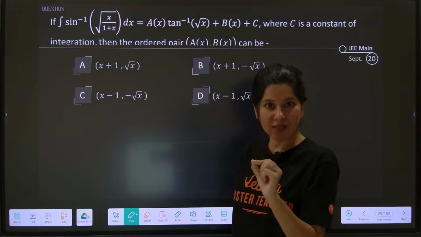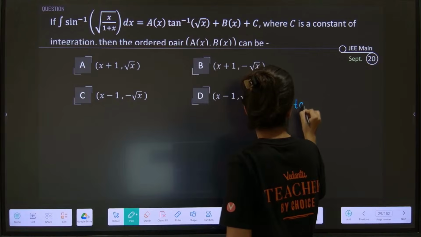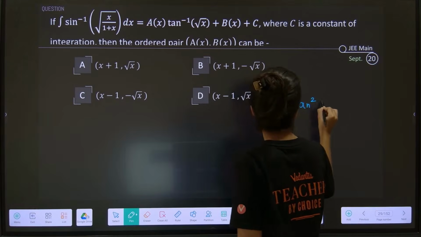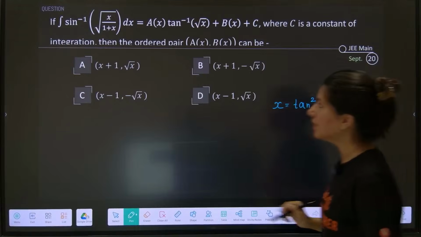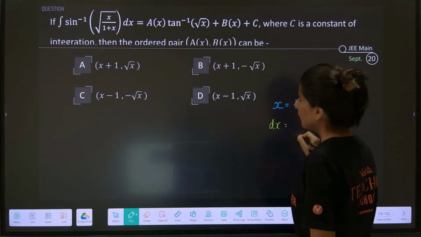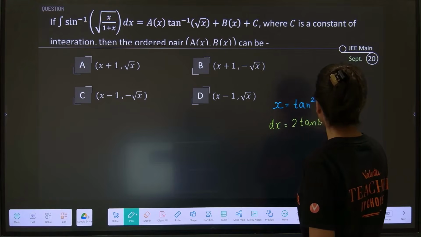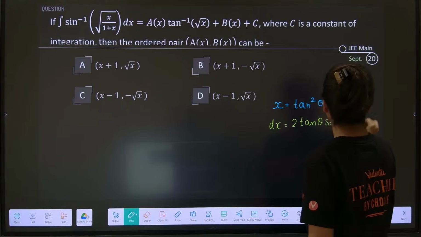Suppose you put x equals tan square theta. Then dx will become 2 tan theta sec square theta d theta.